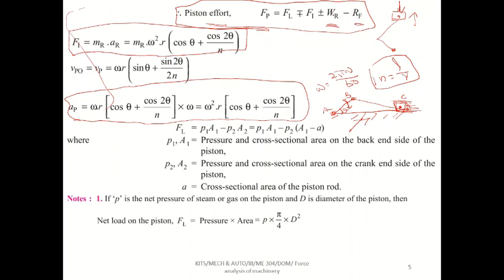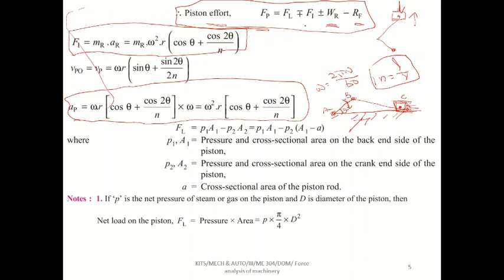Weight also: for a vertical engine they will give the weight, for a horizontal engine they will not give the weight. If it is a vertical engine and they give the weight, if it is downstroke you have to put plus. If the stroke is upstroke you have to put minus. Then inertia force, for which I have given the formula.